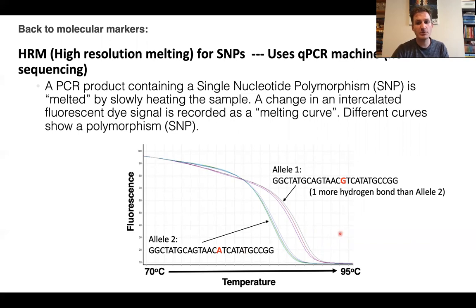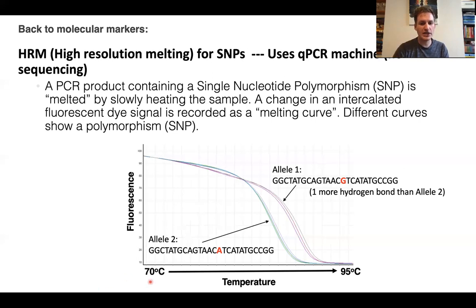So if the polymorphism was G and C, we would not be able to detect it because G and C both have 3 hydrogen bonds. But G has 3 hydrogen bonds and A has only 2. So between allele 1 in this example and allele 2, they only differ by a single hydrogen bond, which is sensitive to difference in temperature.